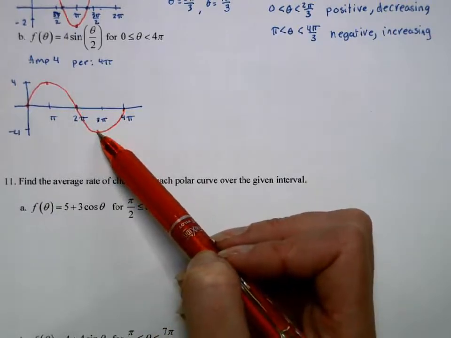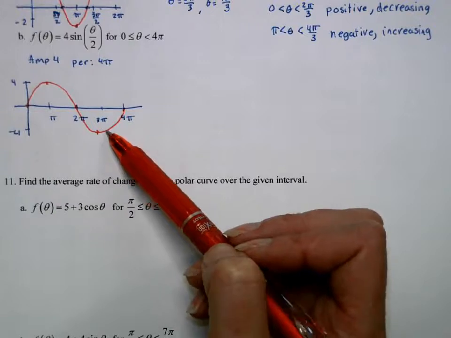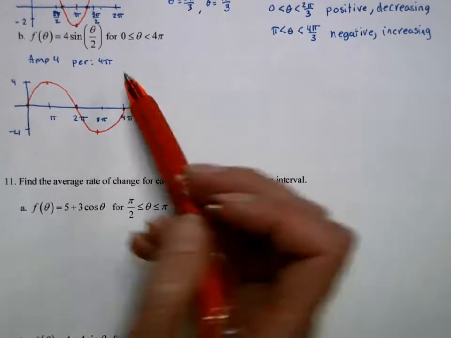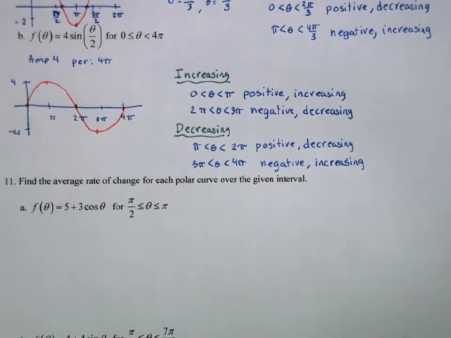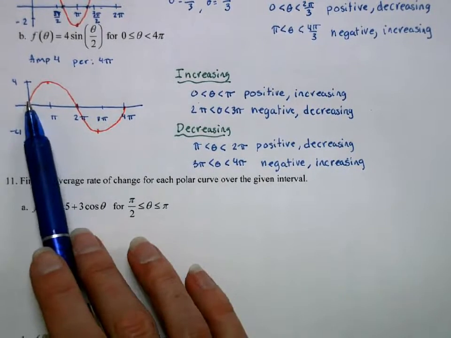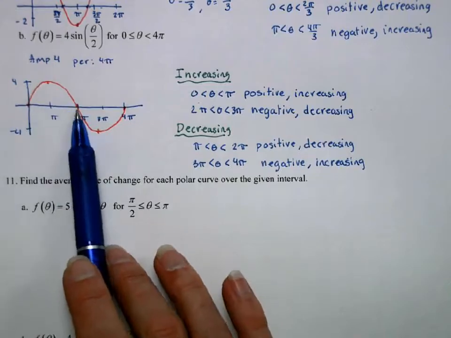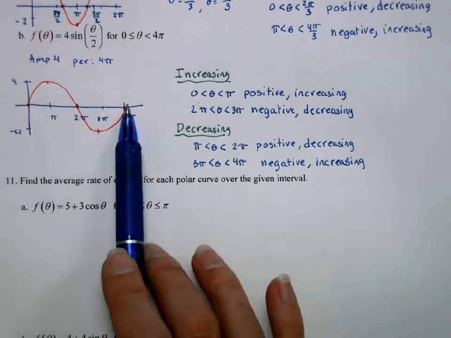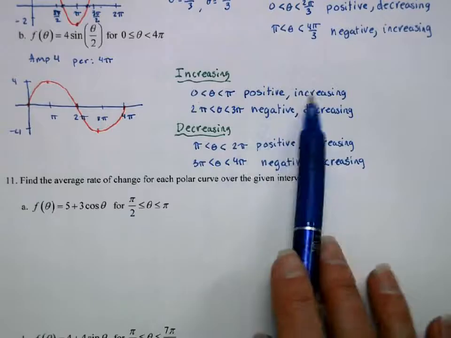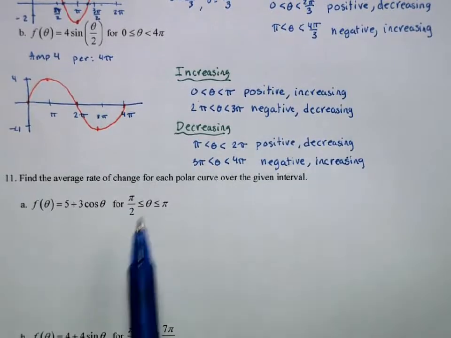Okay, putting all that together, like I said, 0 to 2 pi, so we're increasing, decreasing, increasing, decreasing, because when they're matching, positive and increasing or negative and decreasing, we're going away from the pole. When they're opposites, positive decreasing, negative increasing, they're moving towards our pole.